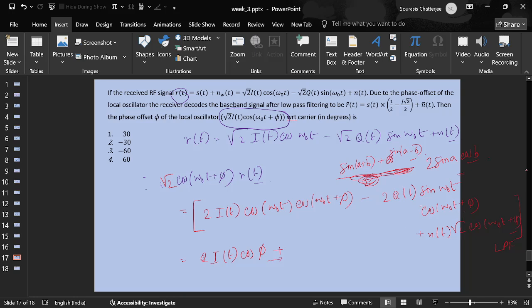So it is going to be q(t) sine of minus phi, minus q sine of minus phi, that is i(t) cos phi plus q sin phi.